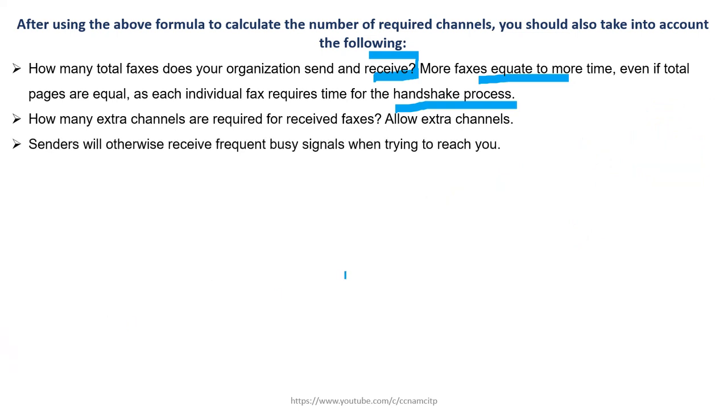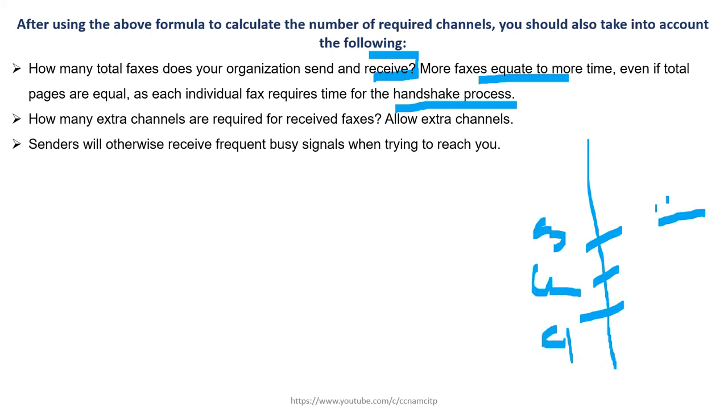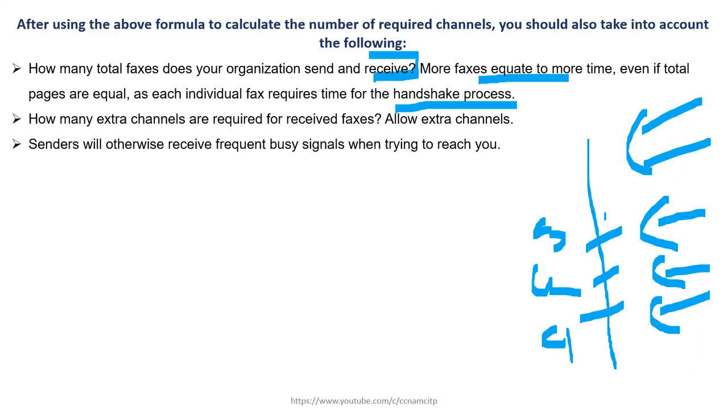Okay, so guys, senders will otherwise receive a frequent busy signal when trying to reach you. Yes, that is what I just discussed with you. If you have these three channels, channel 1, channel 2, channel 3, and all 3 are occupied, and now one more fax is coming, or 2 coming together at the same time, there is no free channel.